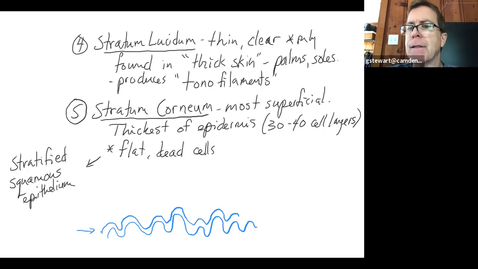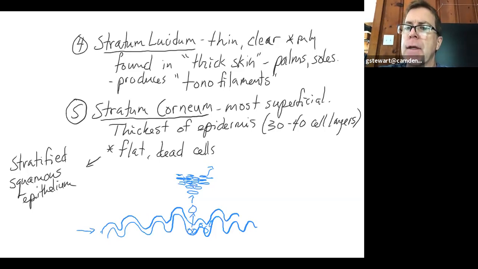What happens is, as these cells move from down here, where they're produced, the living cells, as they move up, and the older generations die, they also start to flatten out. They get squished, compressed together. So at the top of our skin, we've got multiple cell layers of these really flat cells, and this superficial layer just sloughs off, comes off almost constantly all day long. We're just not aware of it most of the time.